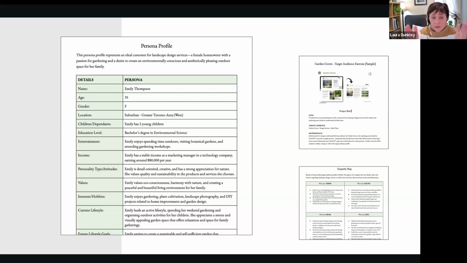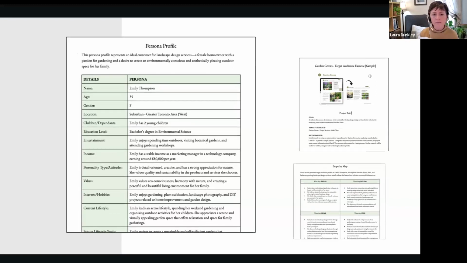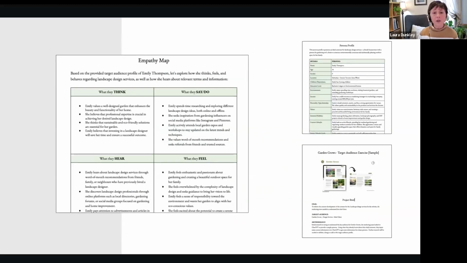So you get very specific, you give this person a name, an age, where do they live, how many children do they have, what's their degree, their education level, entertainment. So you're starting to paint this story of who this person is because it becomes more real and you'll be able to reference it for when you need it. And then included in that is your empathy map. So what do they think? What do they do? What do they hear and what do they feel?